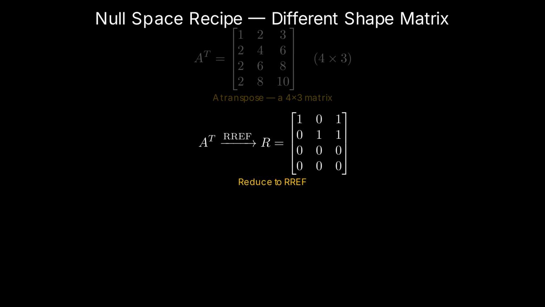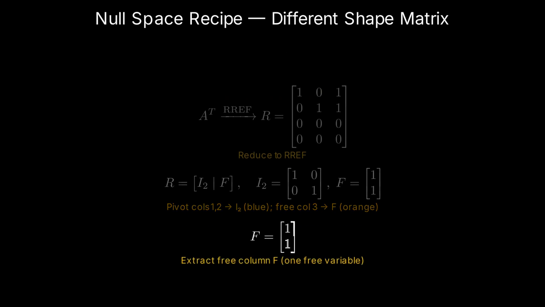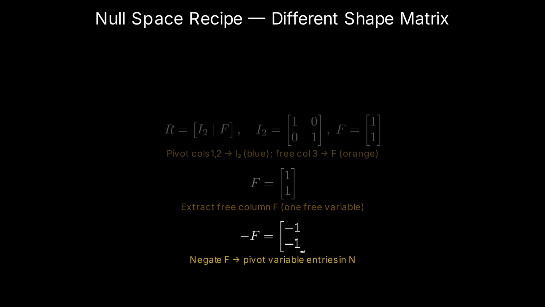R equals, row 1 is 1, 0, 1, row 2 is 0, 1, 1, and rows 3 and 4 are all zeros. The pivot columns are columns 1 and 2, which form a 2x2 identity block. The single free column is column 3, giving F equals the column vector 1, 1. So negative F is negative 1, negative 1.